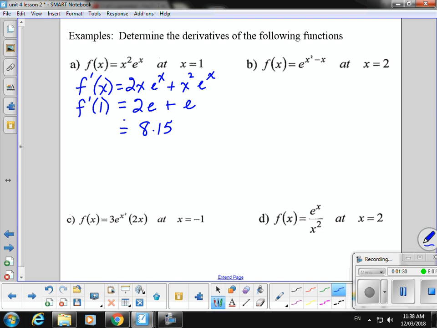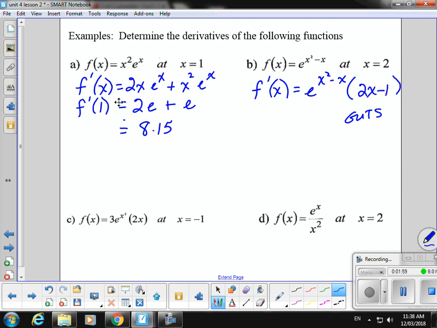If f of x equals e to the x squared minus x, I have an e, but I also have a power. So I've got both of those rules at play. So the derivative of e to the something is e to the something, but don't forget the guts. So my guts would be 2x minus 1.